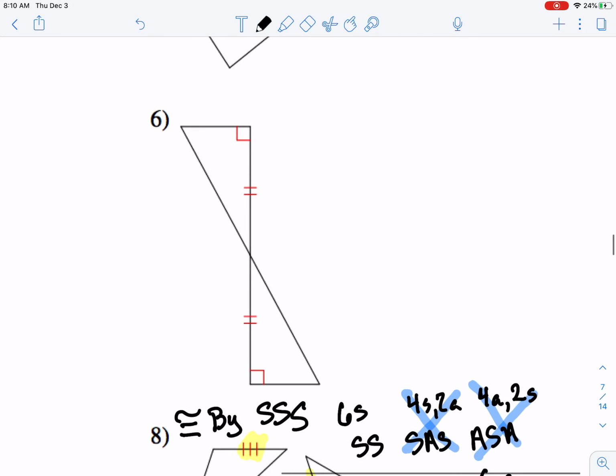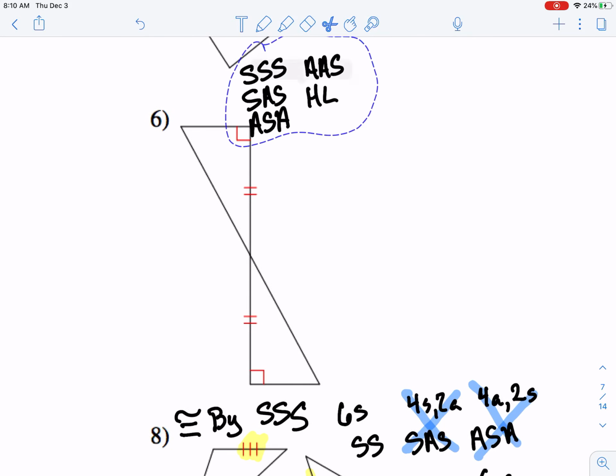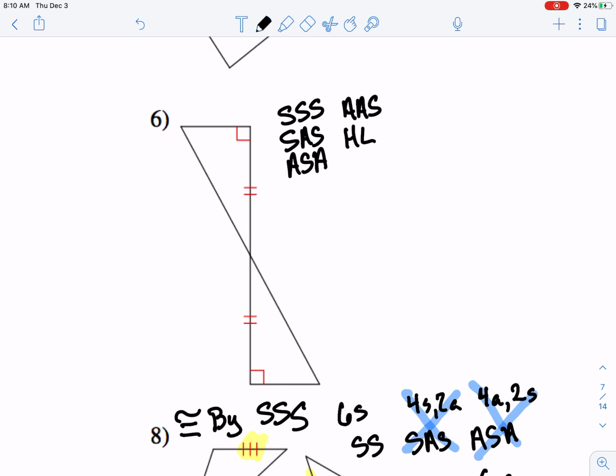Number 6, I have that point, so I can say this. So I only know two sides, so I can't use this or this.